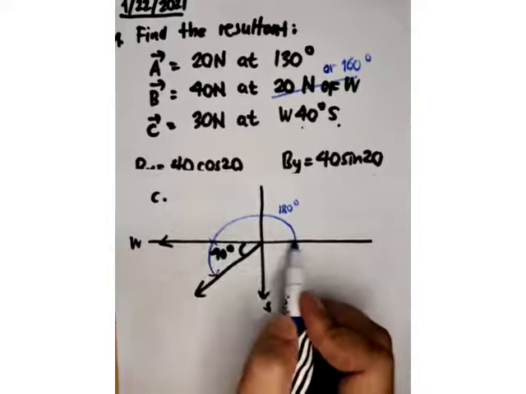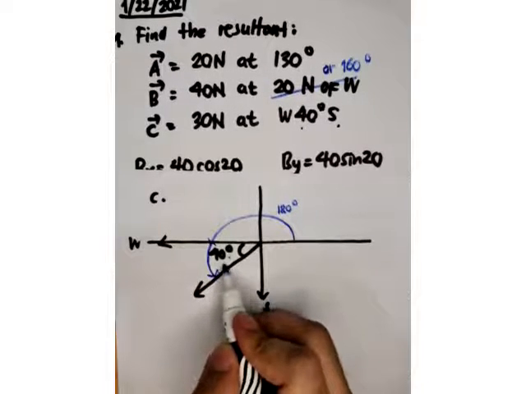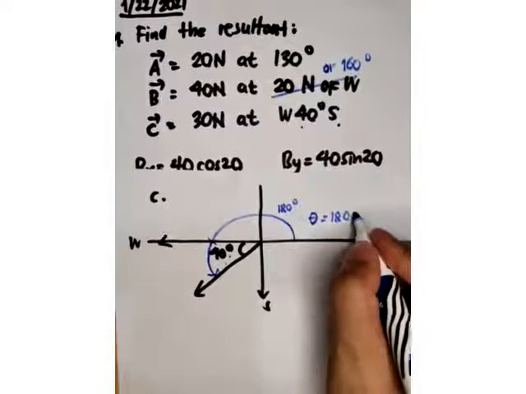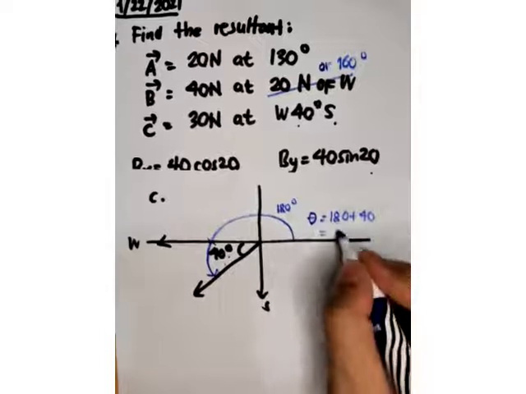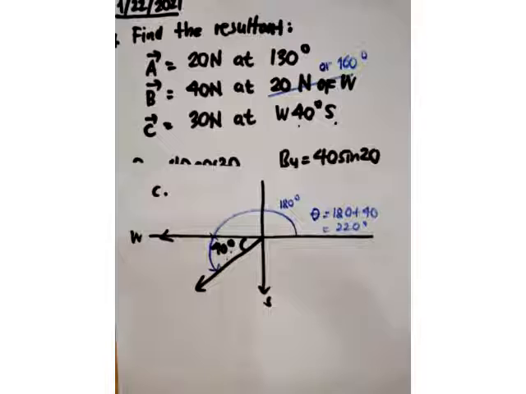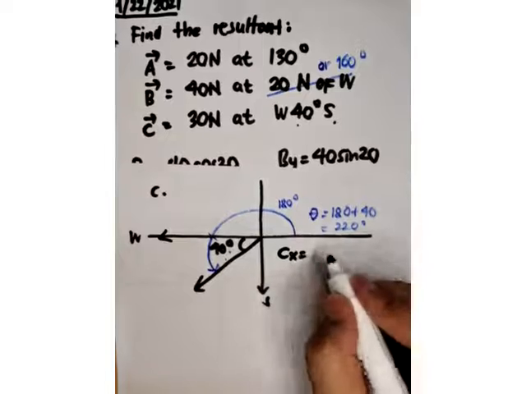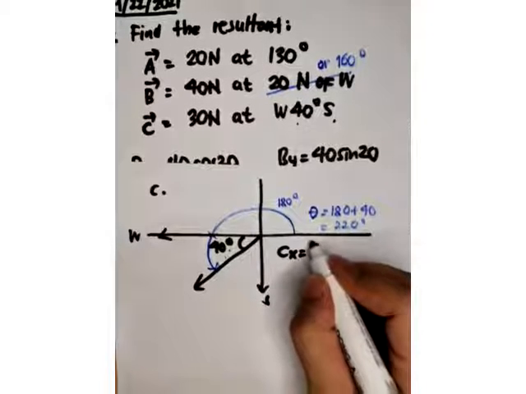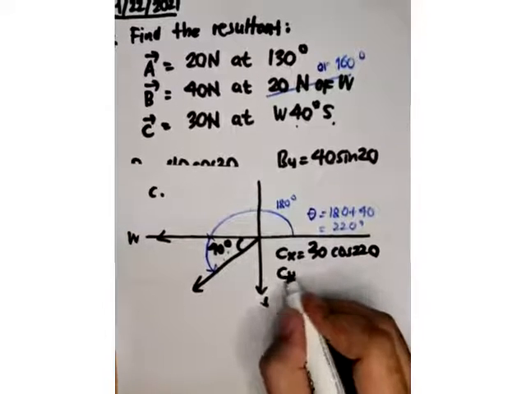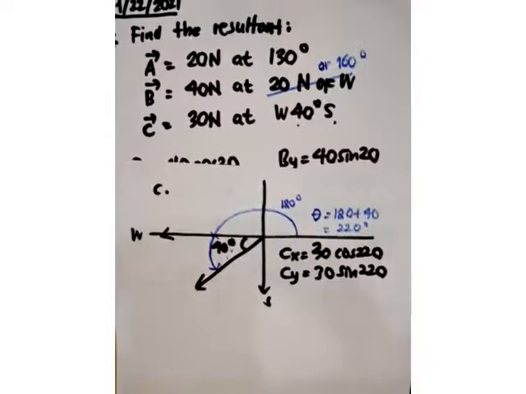So, yung buong angle natin ay equal sa 180 plus 40, that's equal to 220 degrees. Okay, so that means pwede na nating idiretso na ang Cx ay 30 newtons cosine 220, and then yung Cy natin is 30 sine 220.